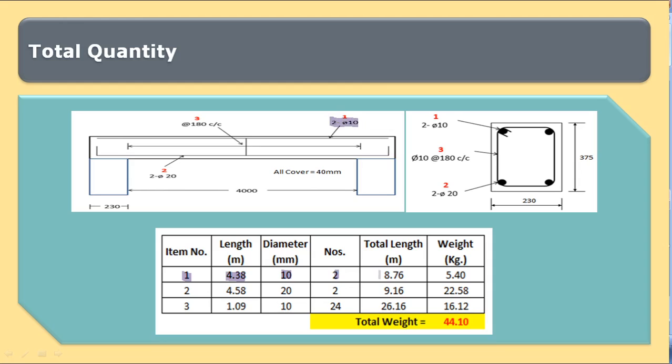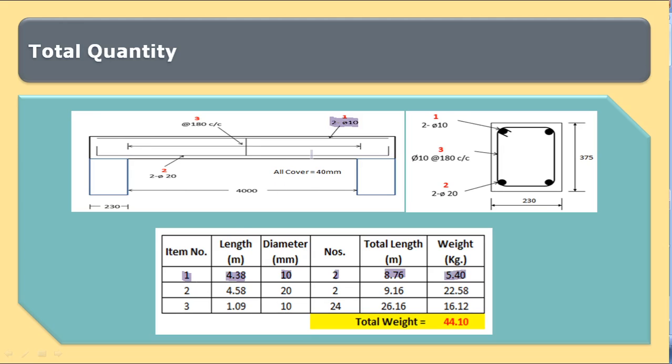So the total length is 2 into 4.38, which is 8.76, and this is multiplied with the area and the density of steel, which is taken as 7850 kg per meter cube. So the weight of the top bar is 5.4 kg.